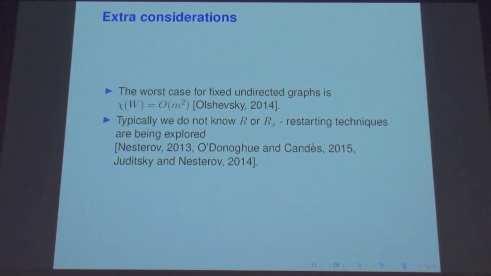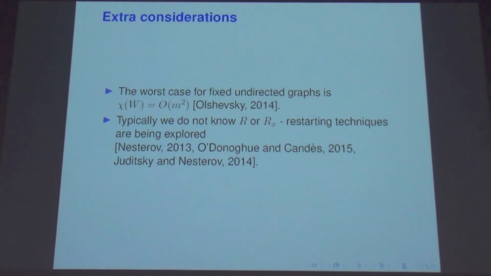And more importantly, we have the result that in the worst case for fixed undirected graphs, the condition number of the graph Laplacian is of the order m squared. So that means that in our case, we have the square root of that. So the worst case will be m dependency on the graph topology.